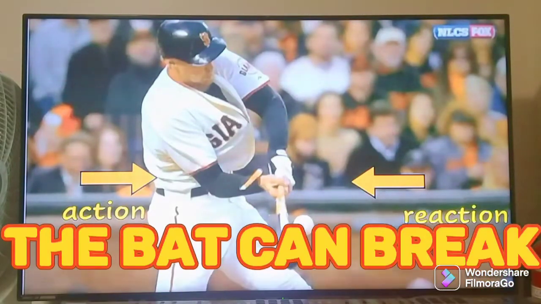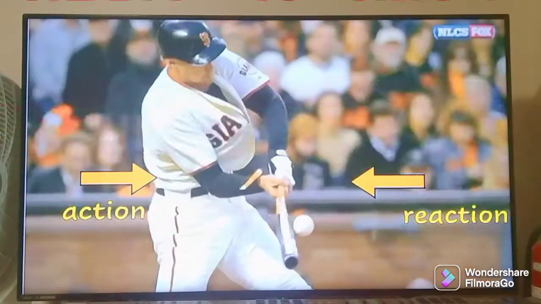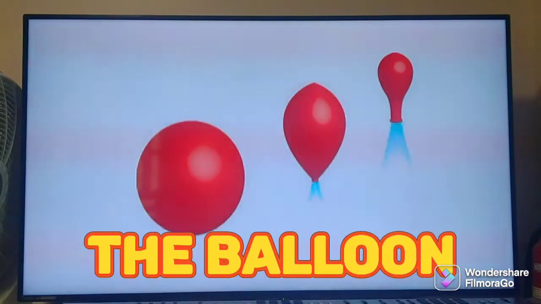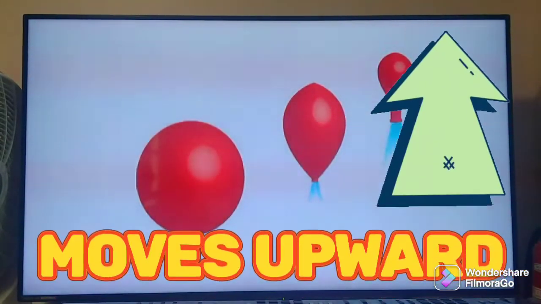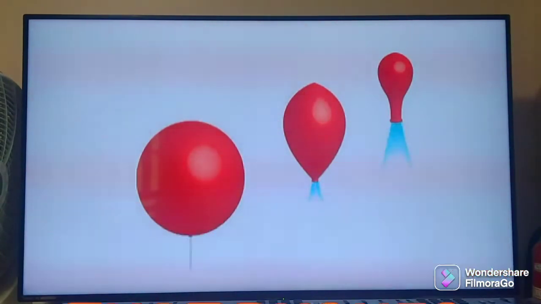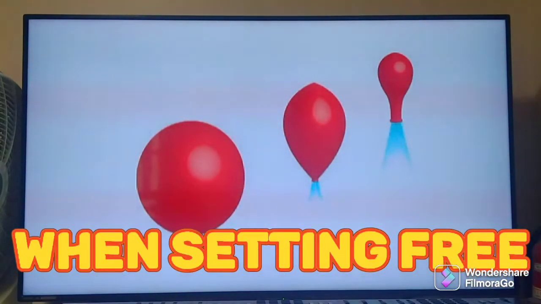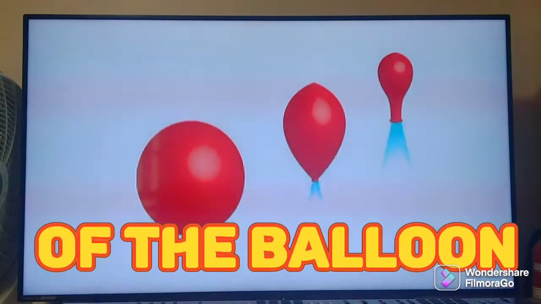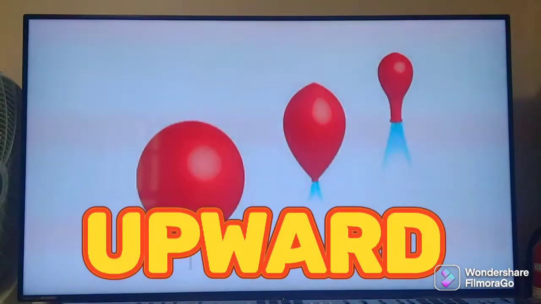This is why the bat can break while the ball is thrown. Inflating a balloon. The air inside the balloon rushes down and the balloon moves upward. In this situation, the action is by the balloon that pushes the air out when set free. The reaction is the movement of the balloon that moves upward.